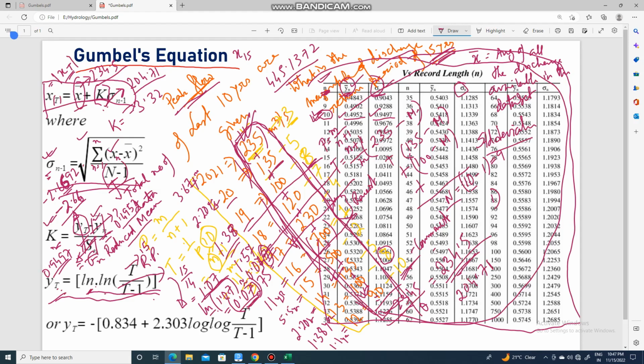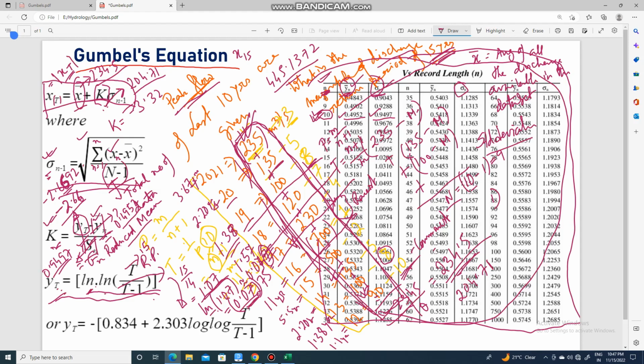This table is also known as the Gumbel's extreme value distribution table, or the reduced mean and standard deviation in Gumbel's extreme value distribution.